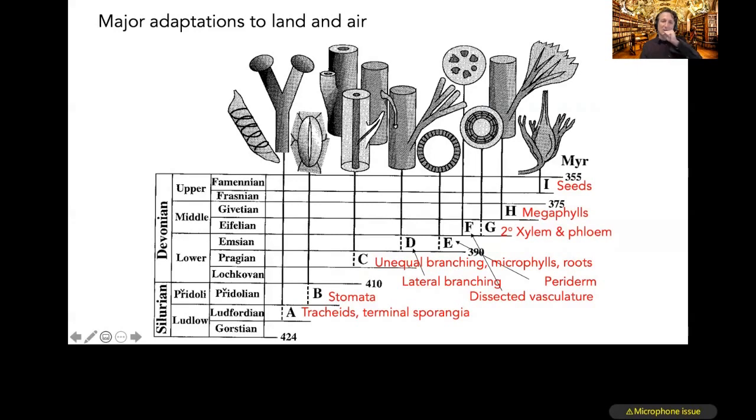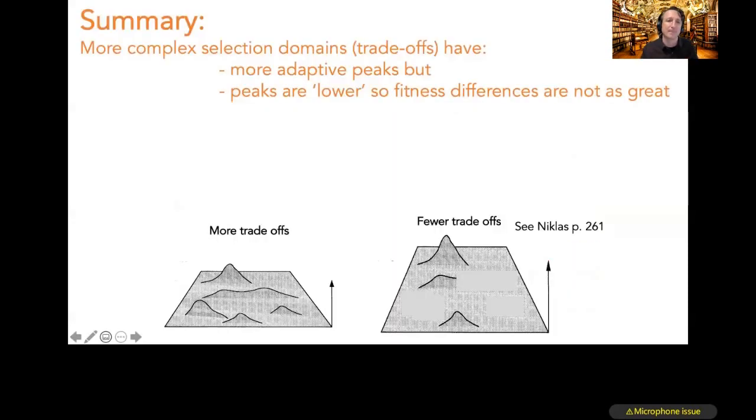So these are the major adaptations to living on land, in the air, the key synapomorphies that we've talked about. Remember, we've talked about these different clades. These clades have different key synapomorphies that define them. And these clades with these synapomorphies enabled them to colonize and to persist in certain unique environments.